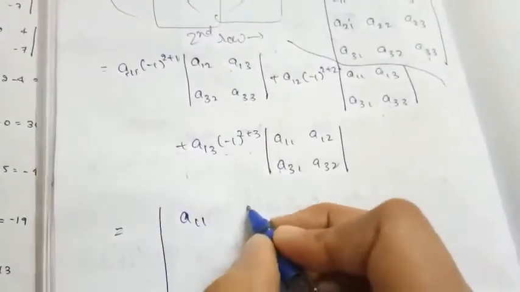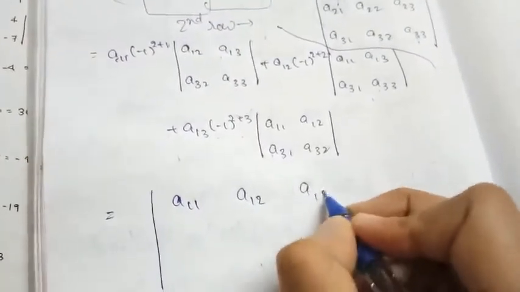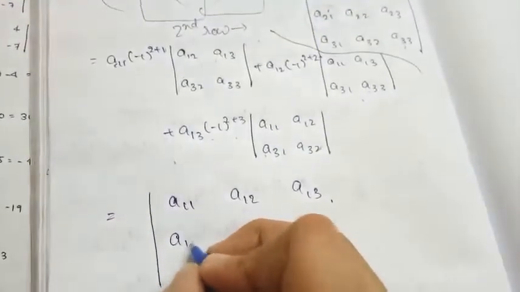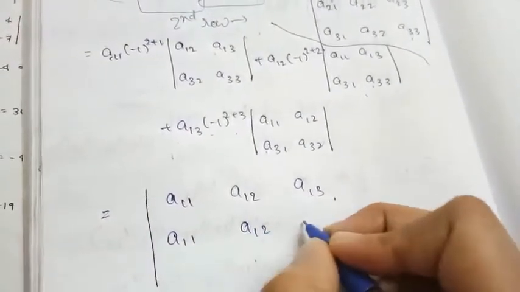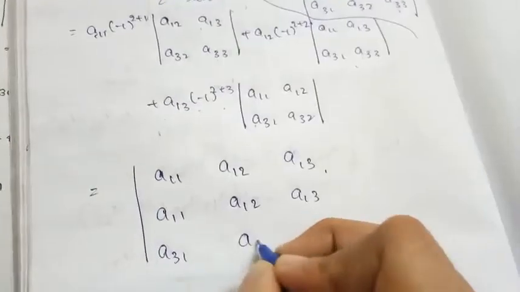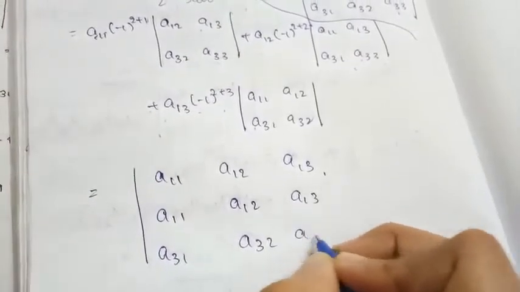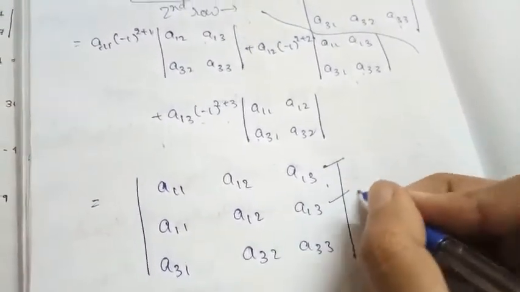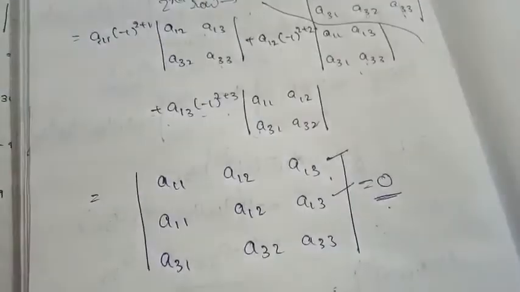So this one is nothing but the determinant with rows A11, A12, A13, then A11, A12, A13 again, and A31, A32, A33. Here row 1 and row 2 are identical, so the determinant value is equal to 0.